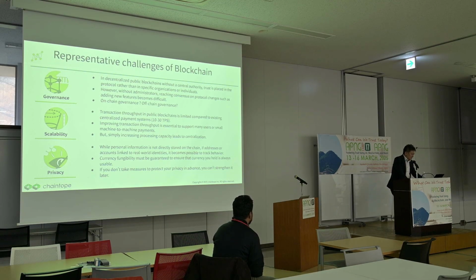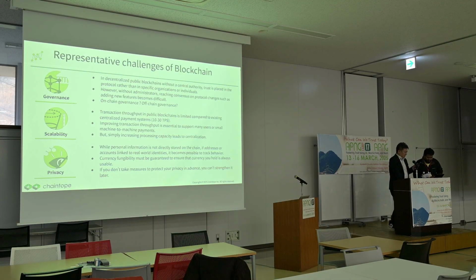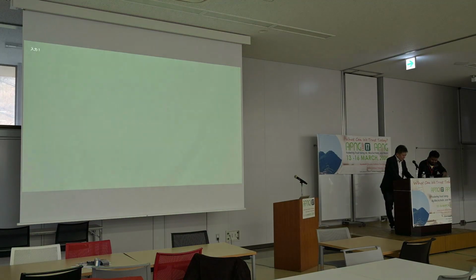The third challenge is privacy. If personal information is stored directly on the blockchain, and addresses and accounts are linked to real-world identities, it becomes possible to track your behavior.